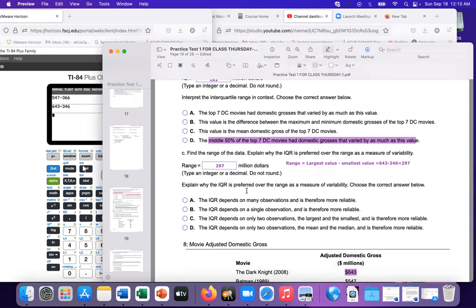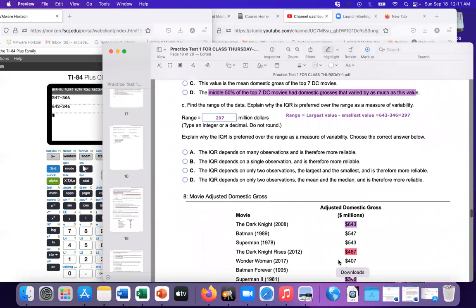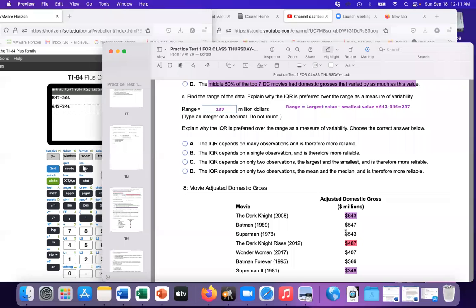Why do we prefer the interquartile range over the range? Let's think about this in a little context. The interquartile range is the middle 50%, right? So you're looking at what values are in the middle. It actually depends on many of the observations because you're looking for the 25th percentile and the 75th percentile.